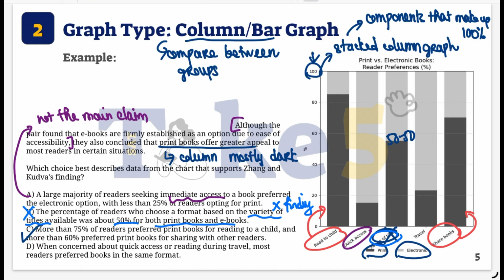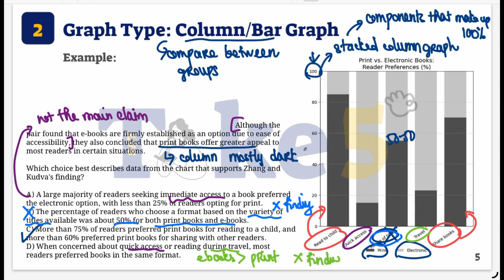For D, the answer presents a completely wrong interpretation of the graph. People do not prefer the same format for quick access and reading during travel, but indeed, most readers prefer electronics to print. But even if it does interpret the information correctly, it is still directly against the researcher's finding.